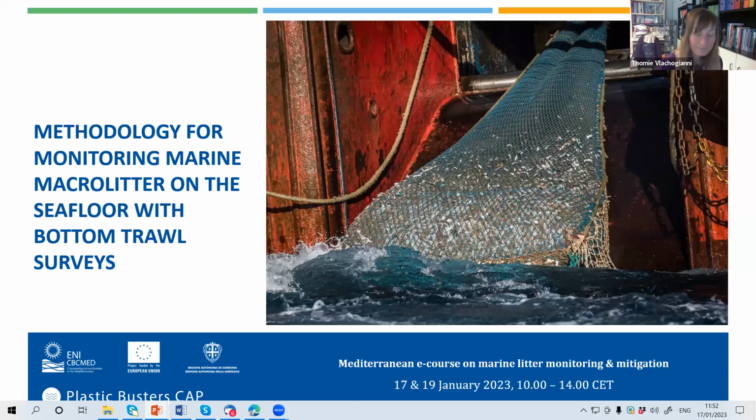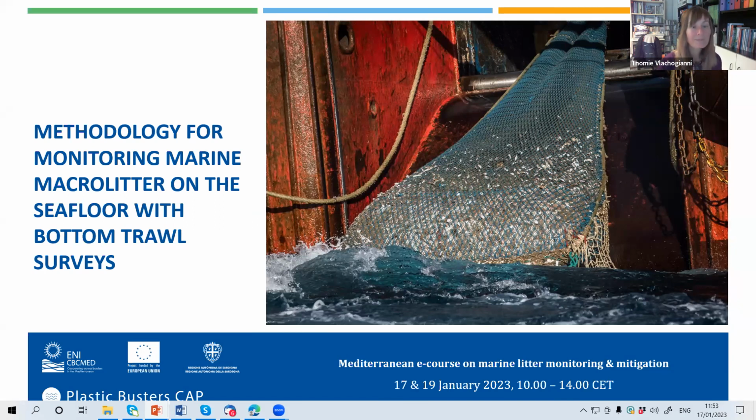And lastly, regarding the methodology for monitoring macrolitter on the seafloor with the use of bottom trawl surveys, in case these bottom trawl surveys are allowed, this is in fact a more opportunistic approach, in the sense that we don't use trawlers to go and perform marine litter monitoring, but the reverse.